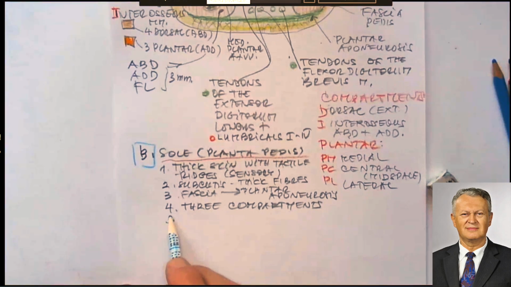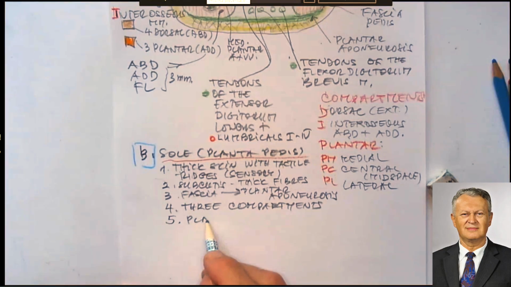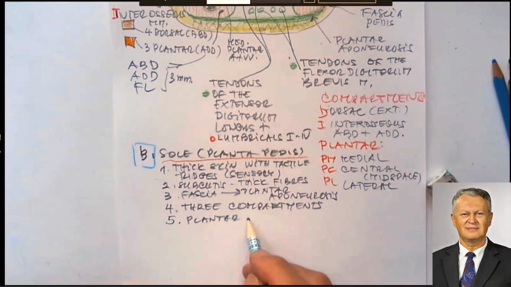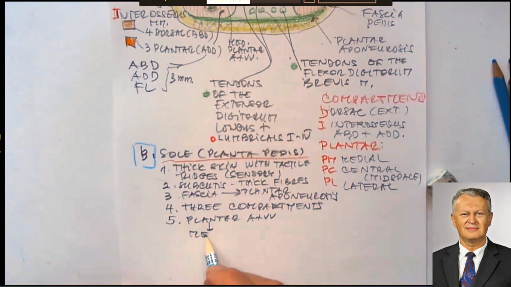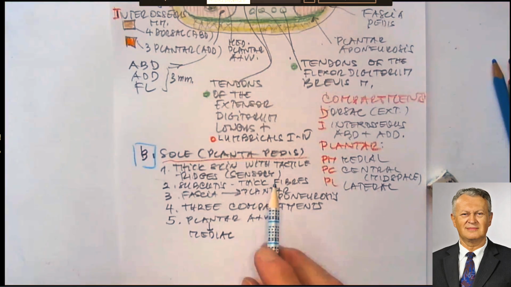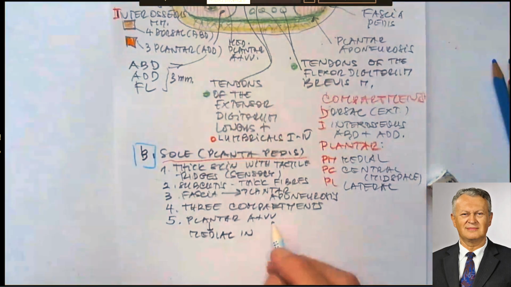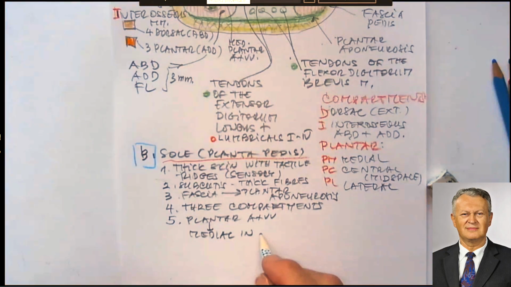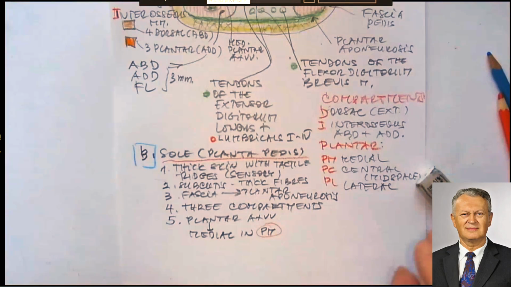Number 5, we could say the plantar vessels, plantar artery plus veins. The medial plantar artery and veins run between abductor and flexor, so they are in the space.